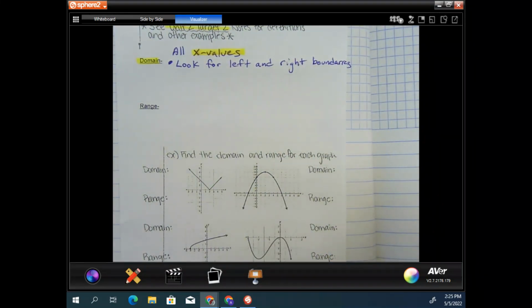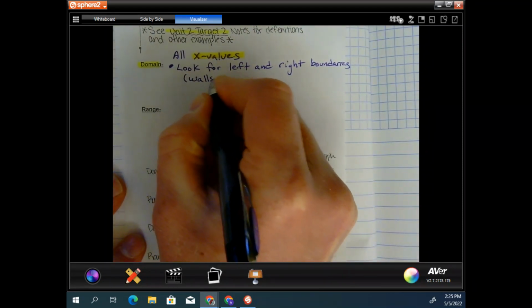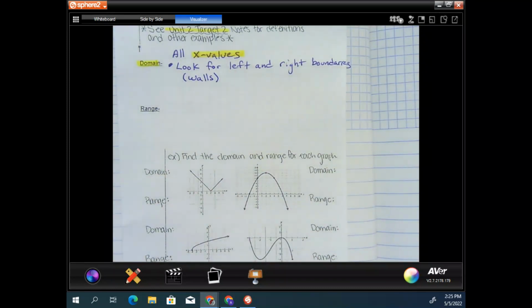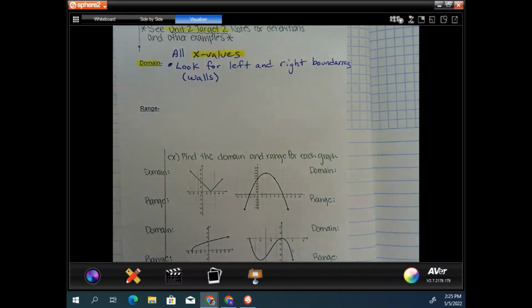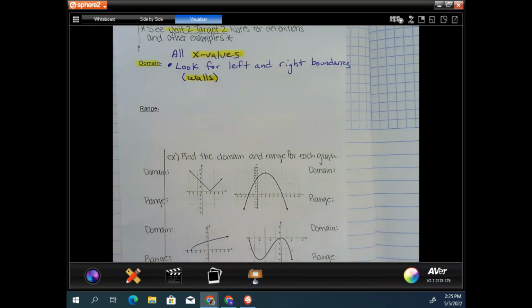We've also referred to that as our walls back in Unit 2, Target 2. So if we're looking at our domain, we're looking for our farthest left, farthest right. Those are going to be the walls.